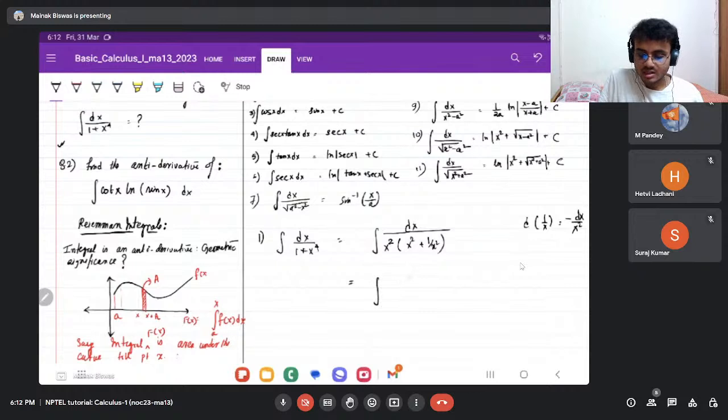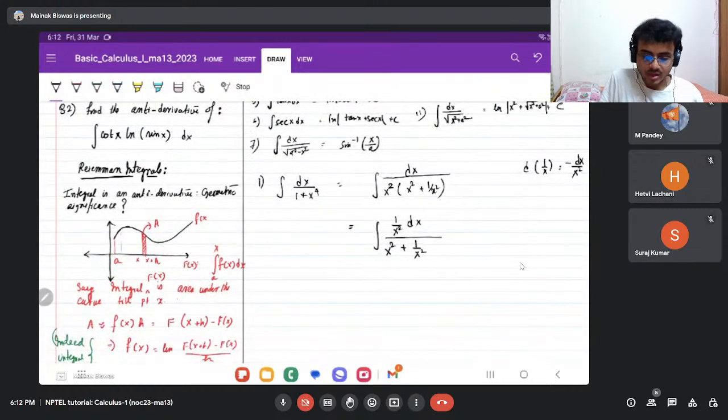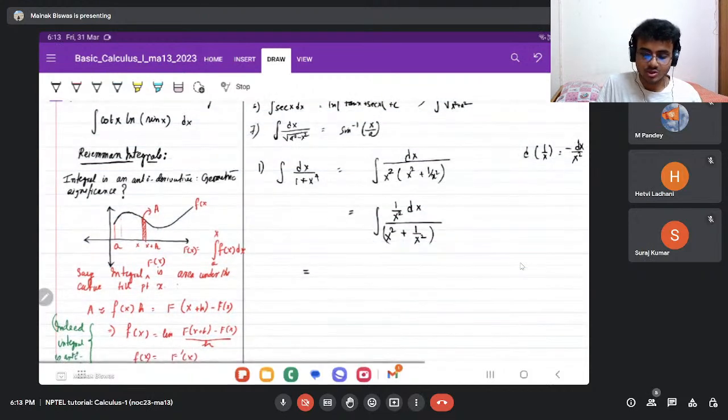See, the denominator could easily be factored also. So your numerator is x square dx, and the denominator is x square plus 1 by x square. Last day I had introduced how to get a particular form of an integral, how to make the dx a df of x in some way, in case it is possible, instead of using substitution methods.